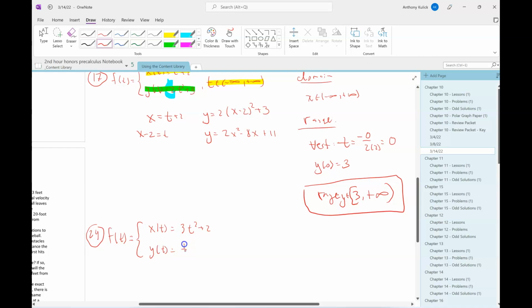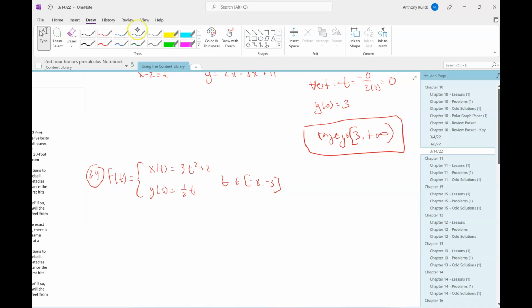So again, same directions as all the previous ones. As we've done on a couple of these others, I'm going to start here with the y-coordinate this time instead of the x, because the y-coordinate's linear, so it's easier to get the t by itself.